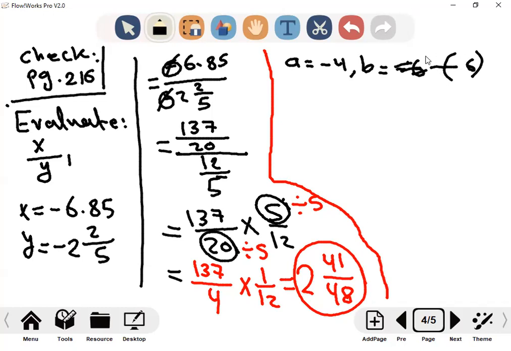Here what do we have? Here also we have a negative. How many negatives do we have for the 6? Mr., 2 negatives we have.